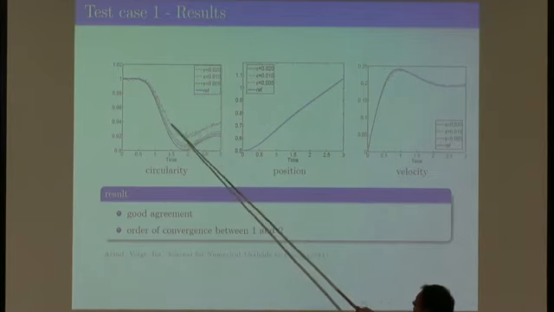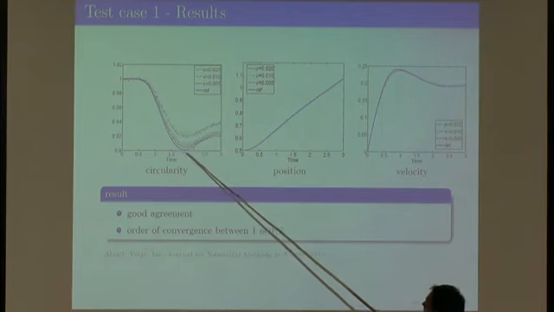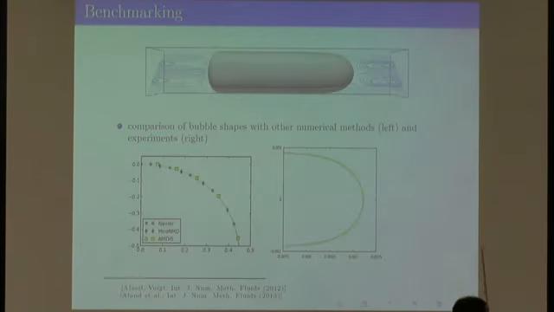This is the coarsest epsilon, and then for finer epsilon we approach the sharp interface limit. So when epsilon becomes small, your interface thickness becomes small, and you get to the solution of the sharp interface models. Okay, so this is nice. So bubble dynamics work basically.